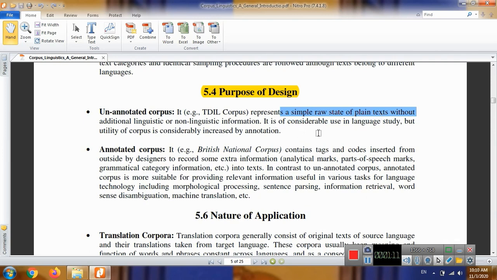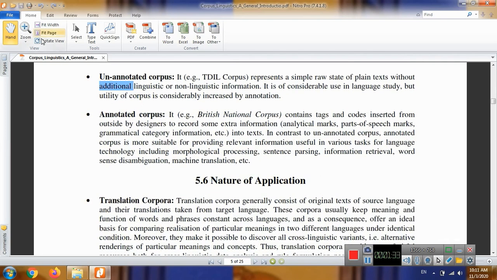It is of considerable use in language study, but the utility of a corpus is considerably increased by annotation. This is the feature and definition of unannotated corpus: plain text in a simple raw state, without any additional linguistic and non-linguistic information.